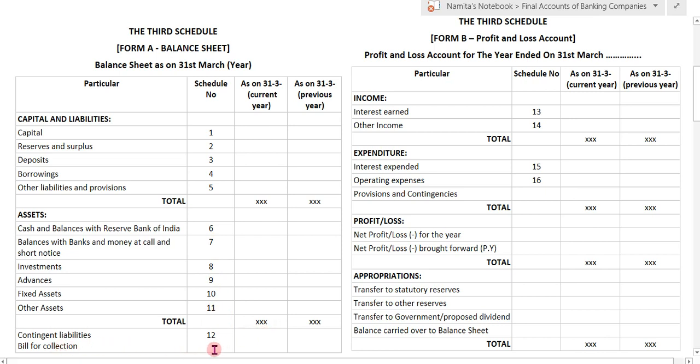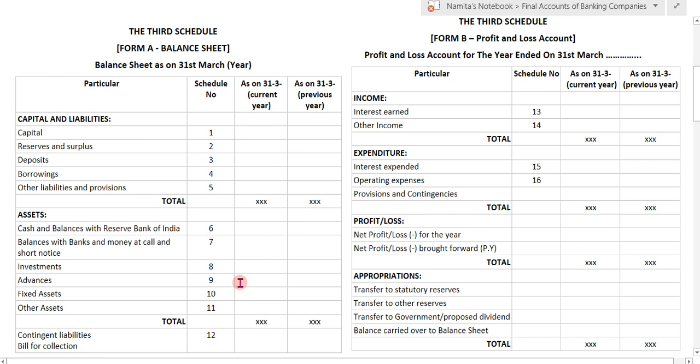Next is the last, schedule number 12, that is other liabilities. It means contingent liabilities. These liabilities are external for the bank, depending on the events happening, and bills for collection. So this is the format of the balance sheet of the banking company.